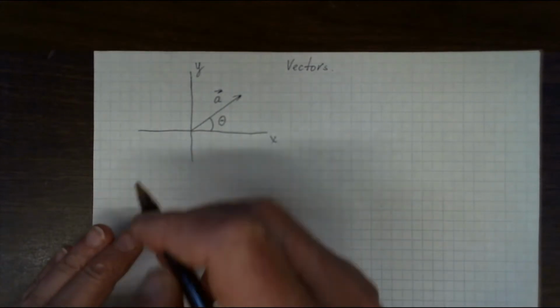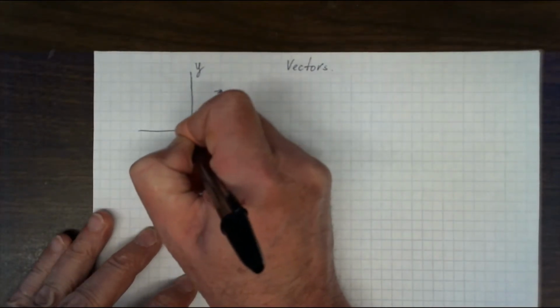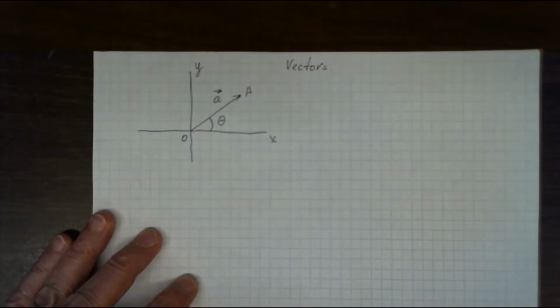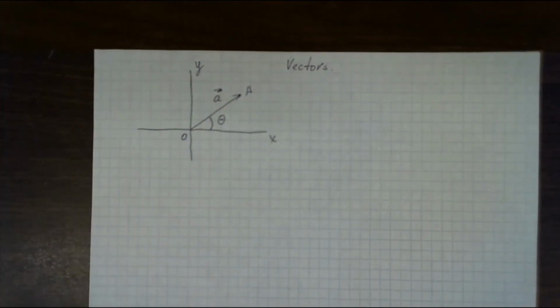So if I imagine that I need to get from point O to point A, I can get from O to A using any arbitrary path in space.